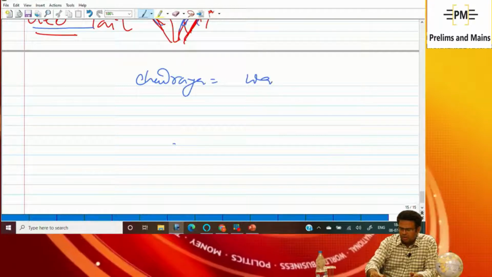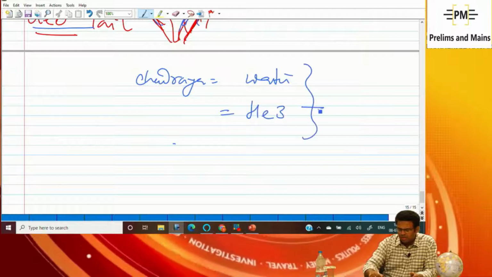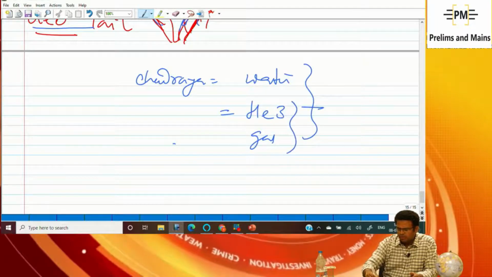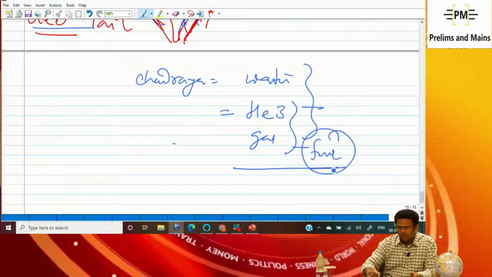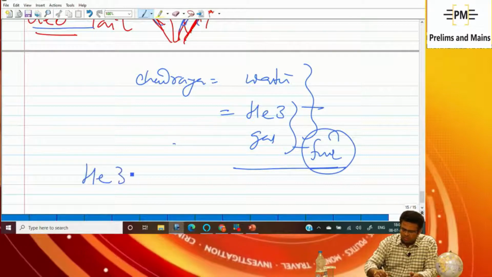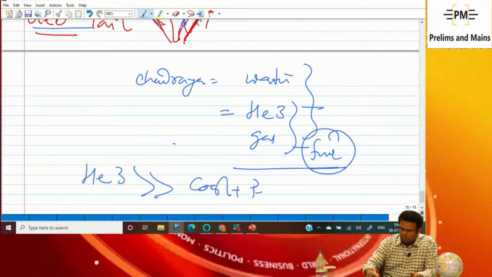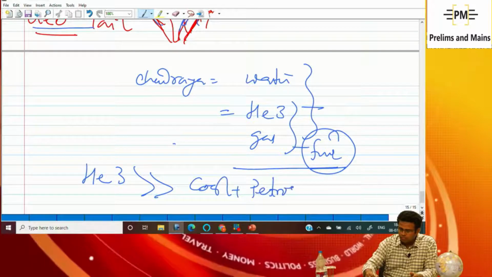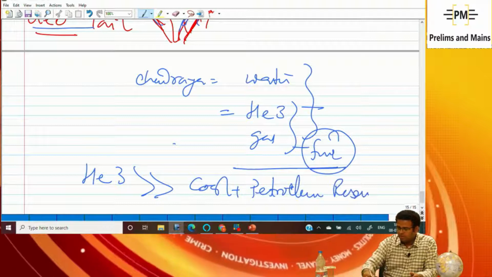In Chandrayaan 1 we found the water, and also a large amount of helium-3 gas, and it is a fuel. Yes or not? Helium-3 is a fuel, and the helium-3 on the moon is more than our coal and petroleum reserves of the world.